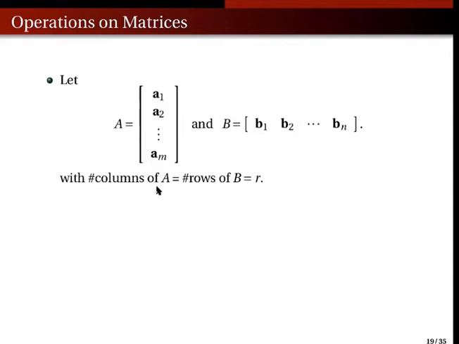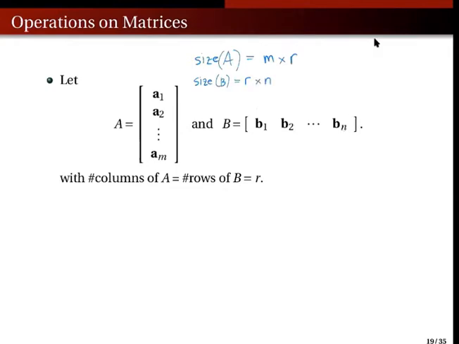So what do we have? The size of A is m rows by r columns, correct? And the size of B has r rows and n columns.